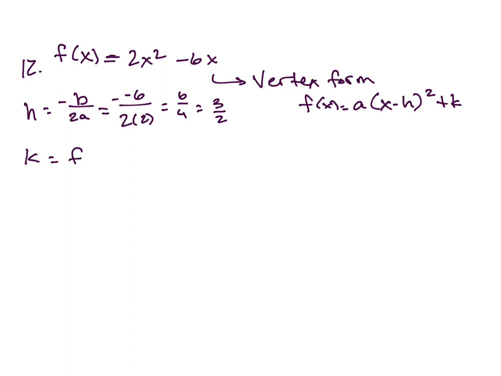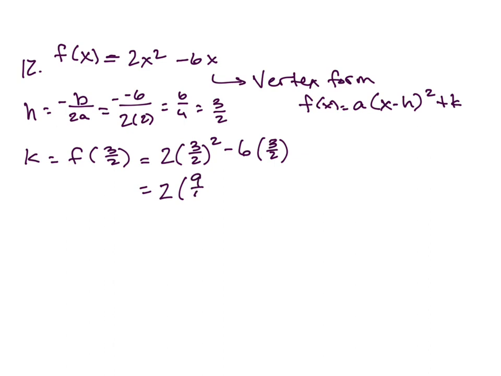Plug it in. So I need f of 3 halves, which means I take my function, 2 times 3 halves squared minus 6 times 3 halves. Plug it in. What's 3 halves squared? 9 fourths. So 2 times 9 fourths minus, you could go 6 times 3 is 18, 18 divided by 2, 9.